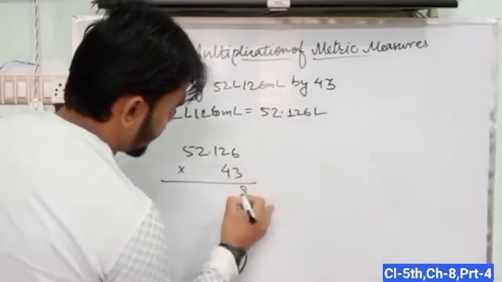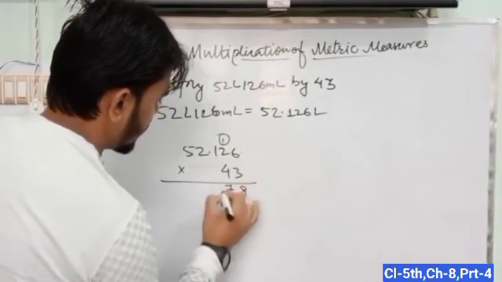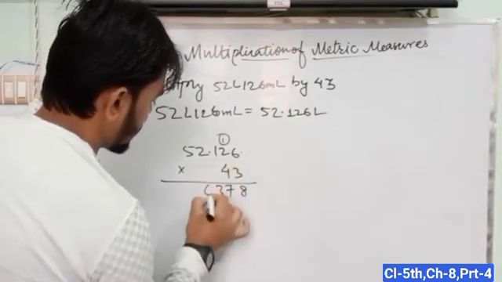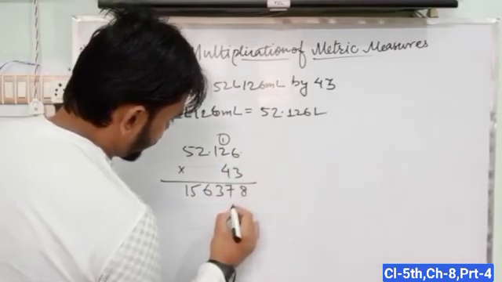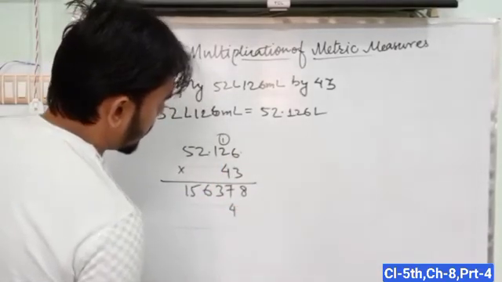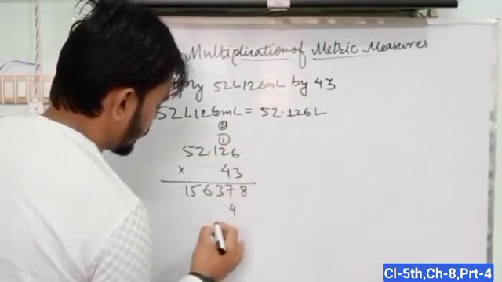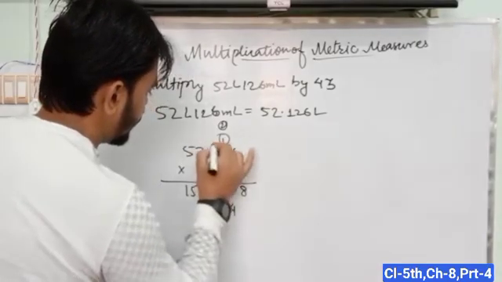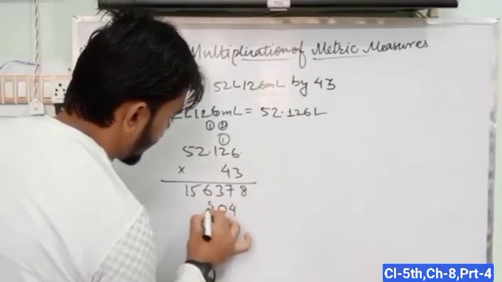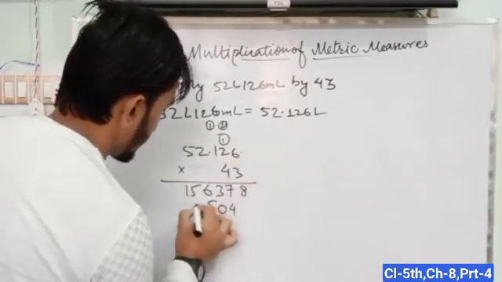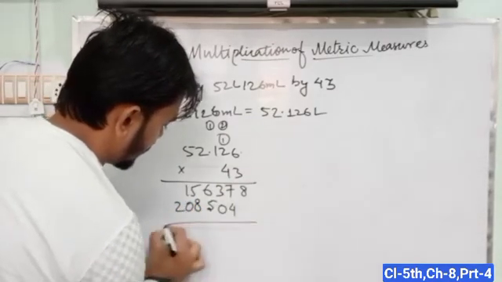6 threes are 18, 1, 3 twos are 6 and 1, 7, 3 ones are 3, 3 twos are 6, 3 fives are 15. Now 4 sixes are 24, then 2, 4 twos are 8 and 2, 10, then 1, 4 ones are 4 and 1, 5, 4 twos are 8, 4 fives are 20.